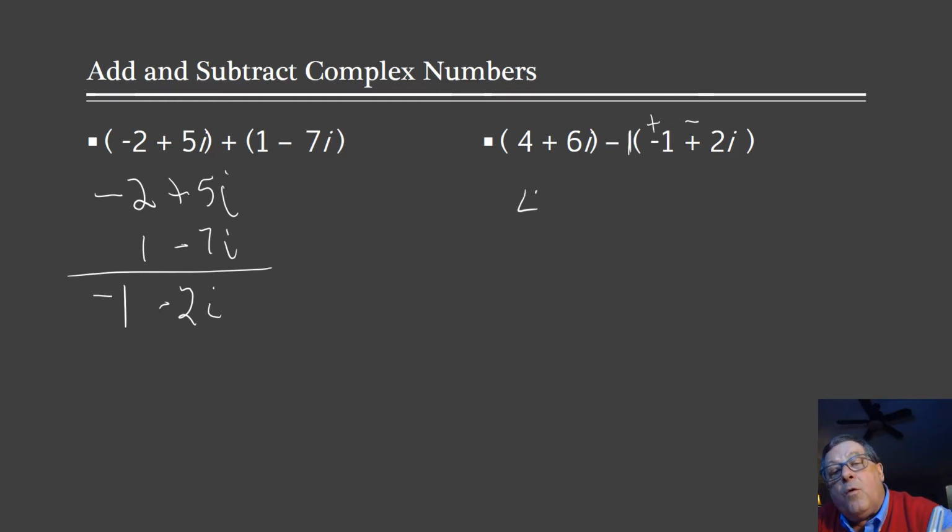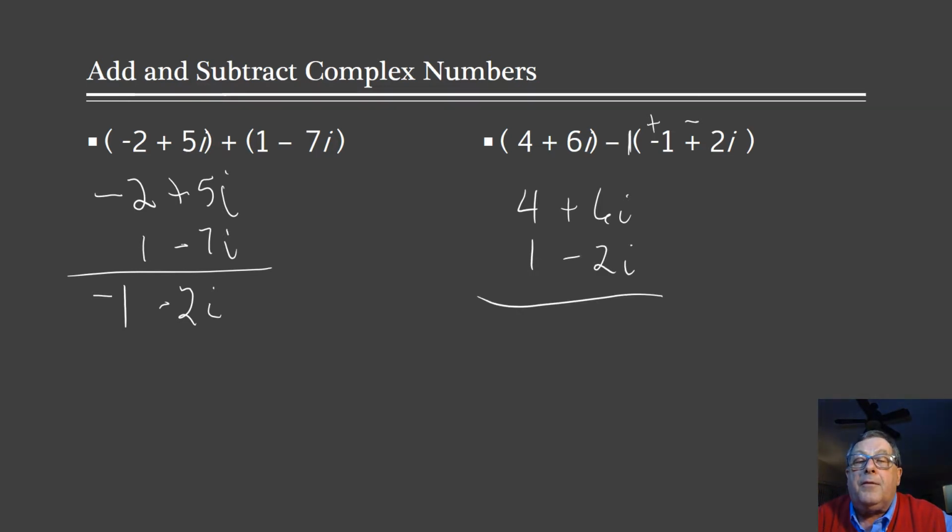So we've got 4 plus 6i, and then I'm going to add to that 1 minus 2i. And again, we're going to combine the real parts, and then we're going to combine the imaginary parts. And so we'll just put a plus sign out here. So 4 plus 1 is 5. And positive 6i minus 2i, well, that's going to result in positive 4i.